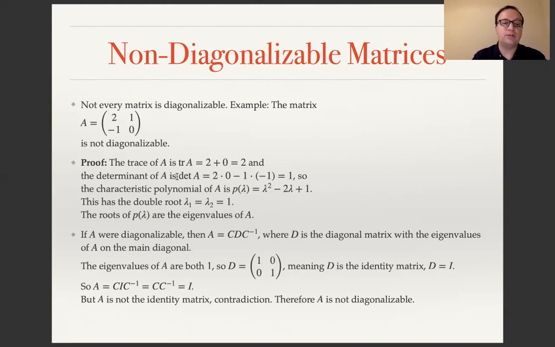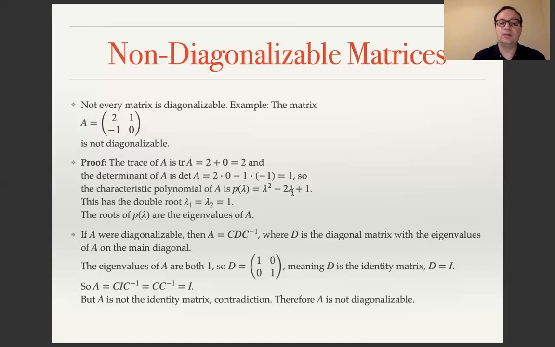And the determinant is 1. So the characteristic polynomial is lambda squared minus 2 lambda plus 1. So lambda squared minus the trace of the matrix times lambda plus the determinant of the matrix. It's slightly more complicated for larger matrices, but this is how it works for 2 by 2 matrices.